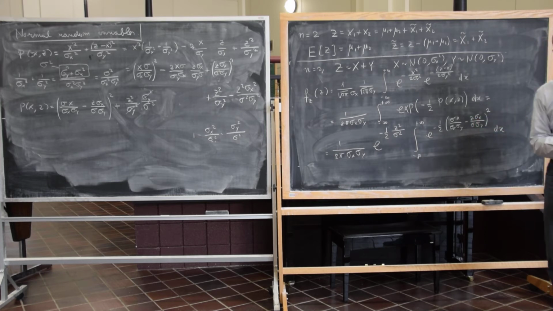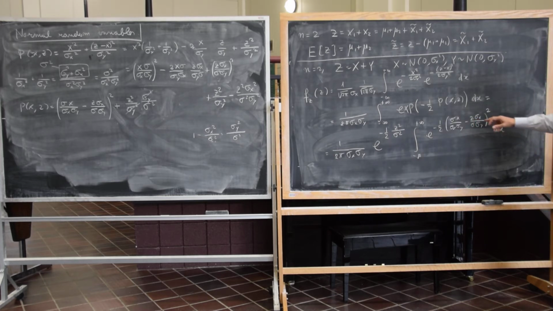I leave to you as an exercise to check that everything can be written in terms of some x minus something. You can factor out sigma x sigma y, and then this will be x minus something. And this something does not matter, because you can make a translation, a change of coordinates.